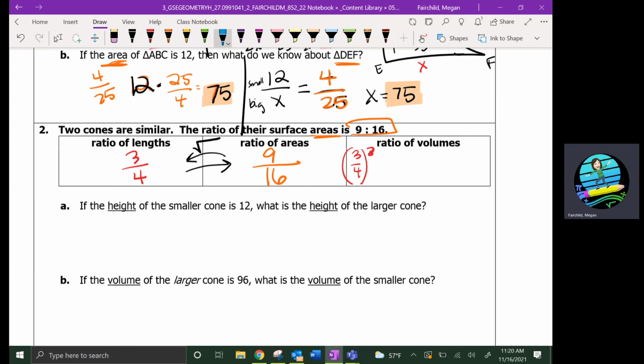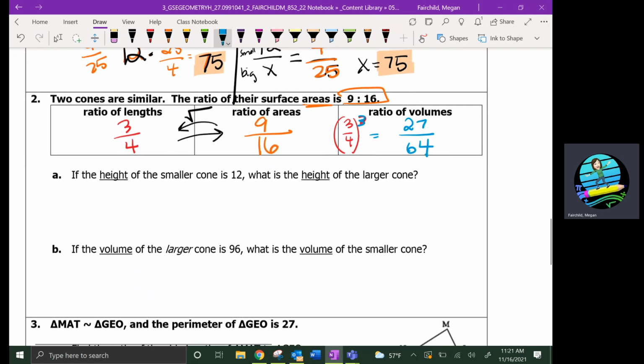That'd be 27 over 64. So make sure that you aren't that person that takes the area one to find the volume one. You can't do that. Okay?